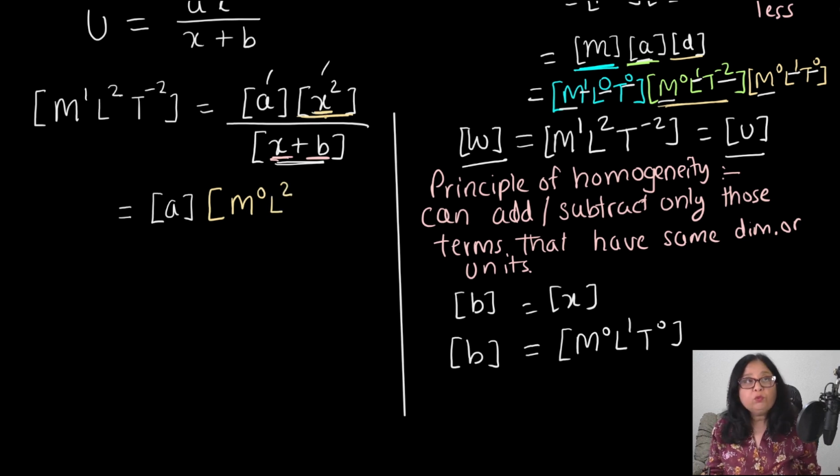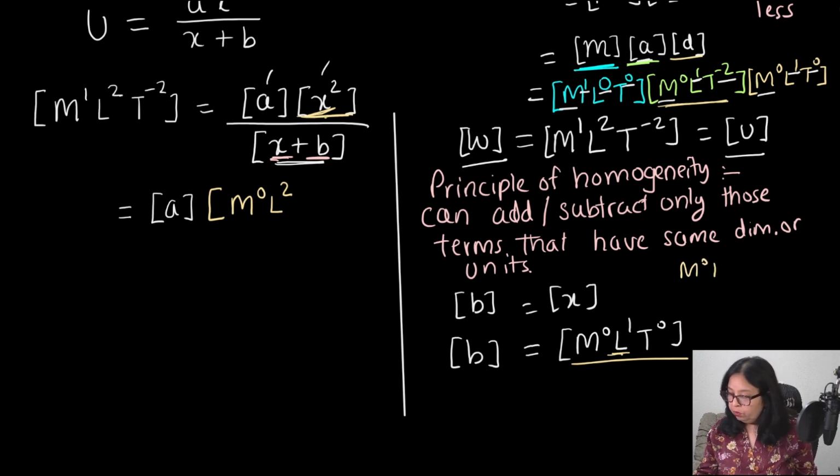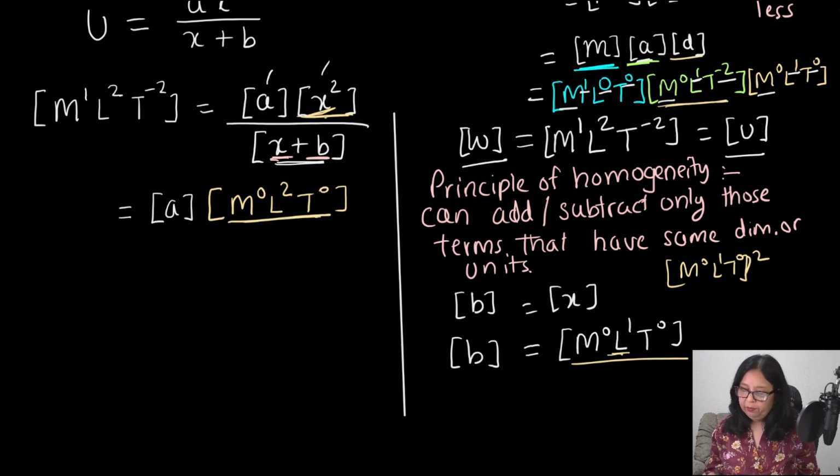This x squared over here. We're told that x has dimensions of length. And in the dimensional formula for length, L is the only one with the non-zero exponent. So if I had m0 L1 T0 to the power 2, that will give you this thing over here, divided by m0 L1 T0.